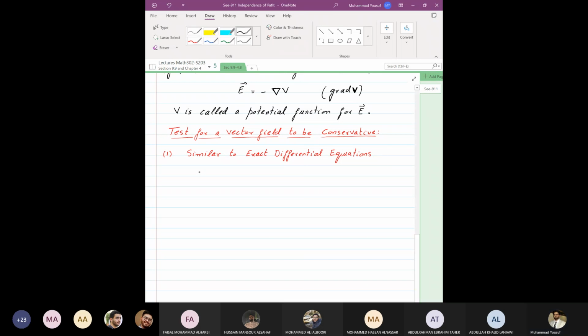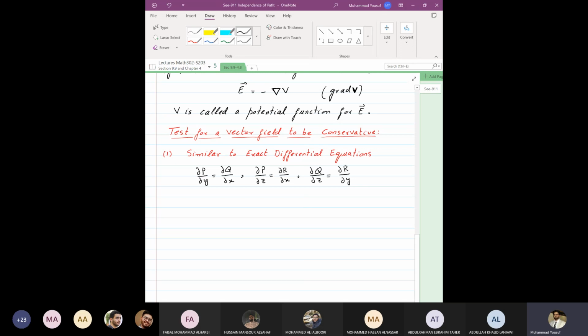Partial p over partial y is equal to partial q over partial x. Partial p by partial z is equal to partial r by partial x. And partial q by partial z equal to partial r by partial y.